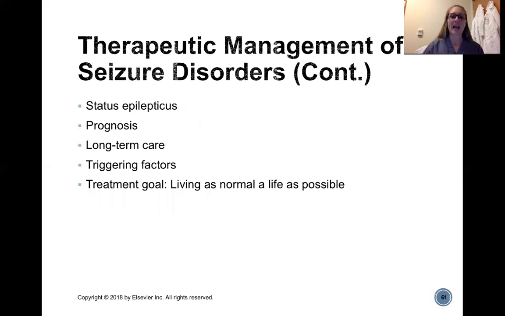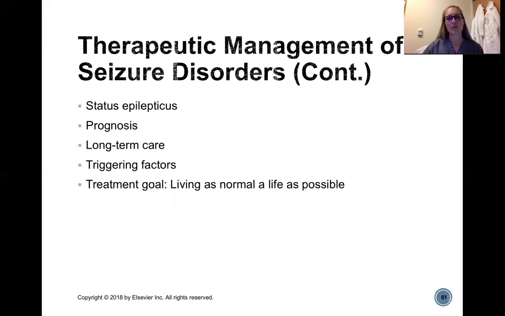Status epilepticus, nope, not going to happen tonight, sorry, is a seizure that's lasting more than 30 minutes. So if that's going on, then we're going to call 911 and they're going to need to get to the hospital. One of the primary treatments for this is IV Ativan.